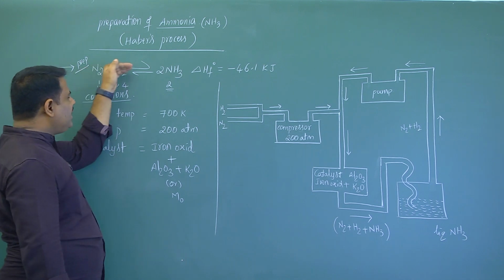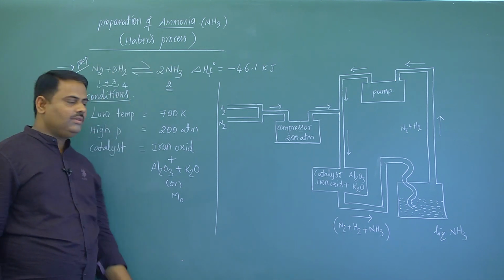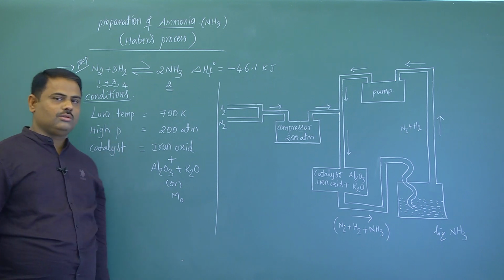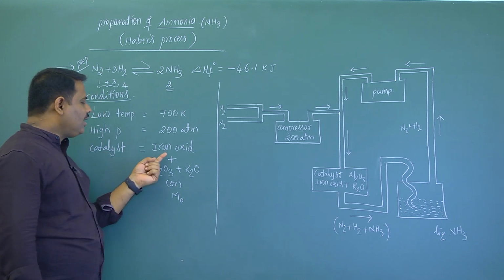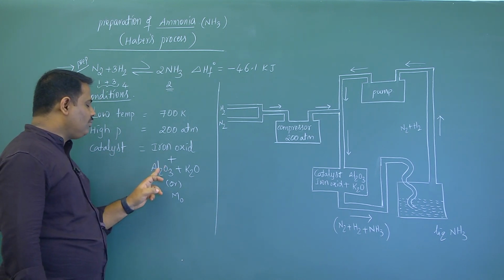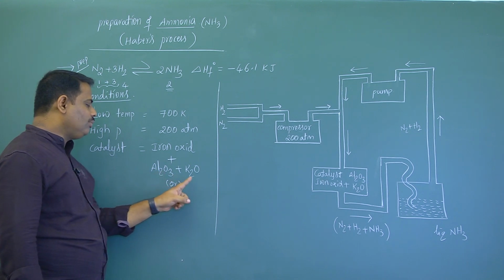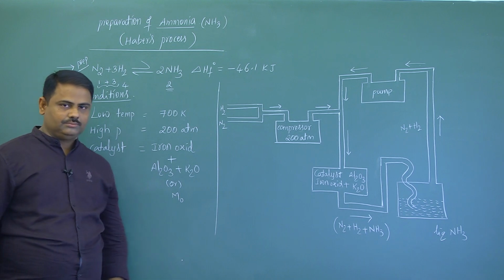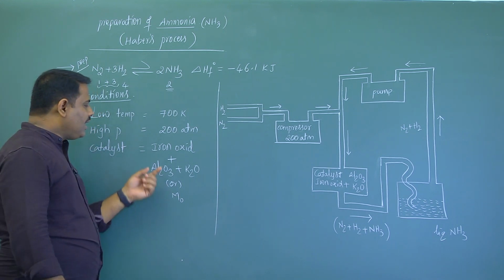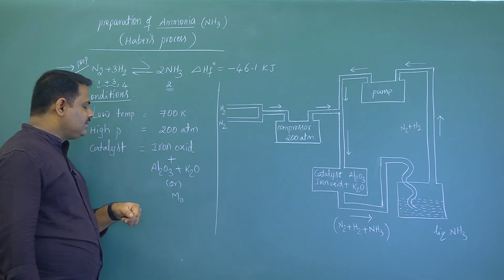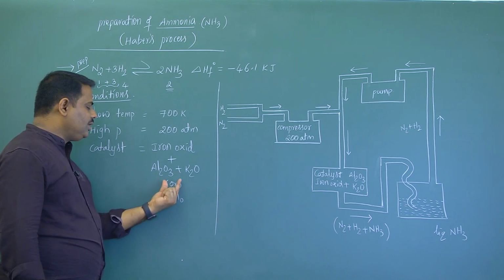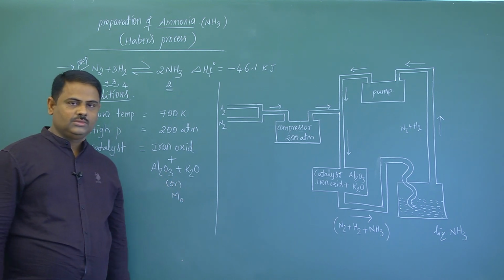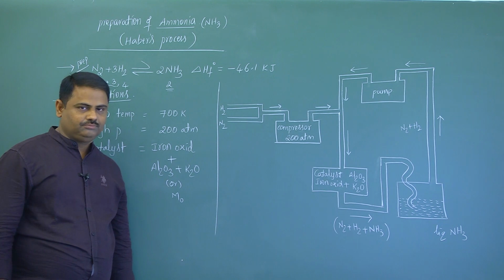So to increase the rate of reaction, we are using a catalyst also, that is iron oxide with small amounts of alumina and potassium oxide or molybdenum. Here iron oxide is the catalyst and these are said to be promoters. What is the use of promoter?